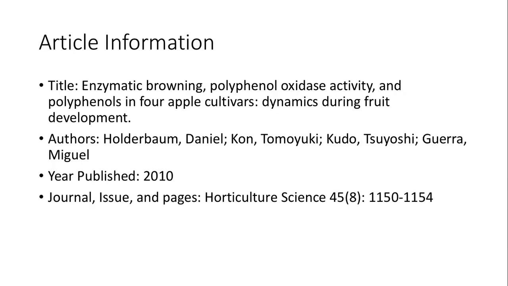So for the article information, you'll need citation information. Here's the information from the article of the paraphrase that we just gave you. So you'll need to have a literature cited part at the end of your summary that also includes this.